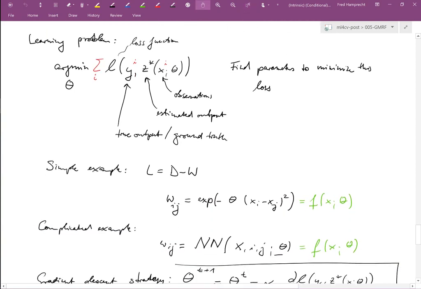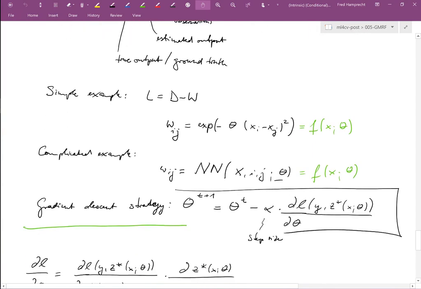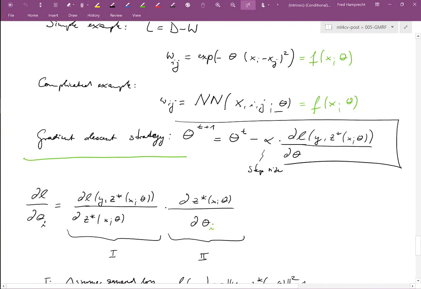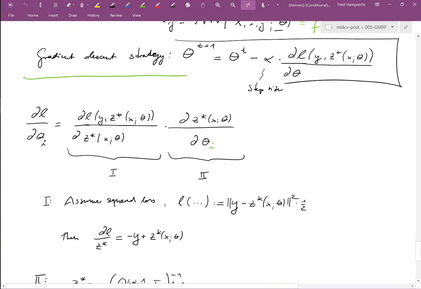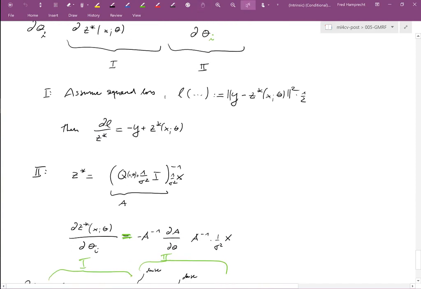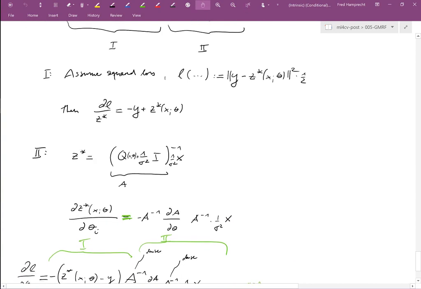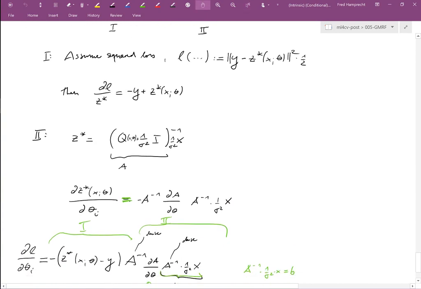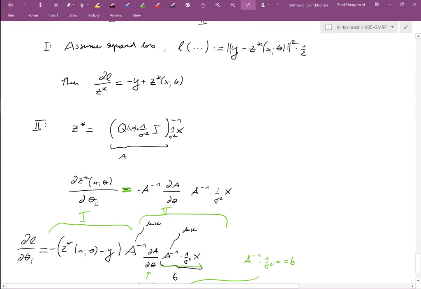And we saw that it can be solved exactly by solving a linear system of equations. And the most difficult thing was to see how to propagate gradient through this matrix inversion. And this is where I invoked the matrix cookbook to look up this formula to see how we need to change the parameters so as to change the solution in a desired direction. And the formulas are given here.